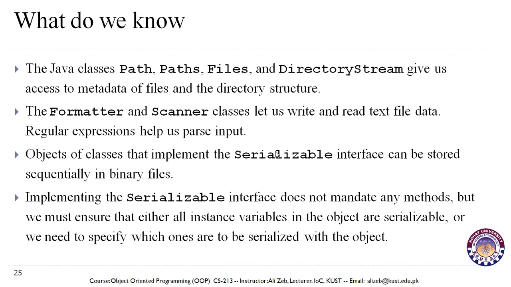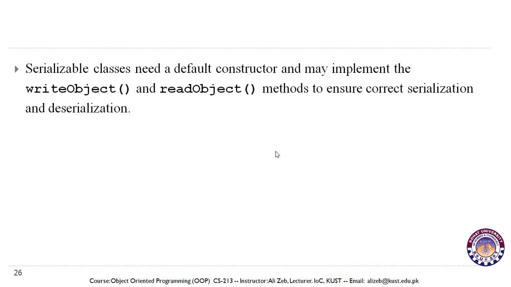So as we said, this is a tagged interface which has no method to implement, but we can only work with instance variables that are serializable, or we should be able to pack the objects into serializable objects or bytes if they are not serializable, as we did with our image.